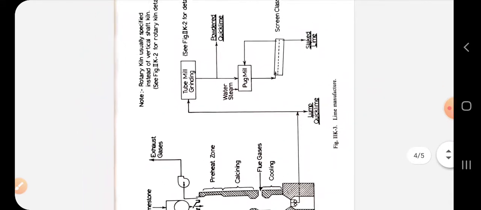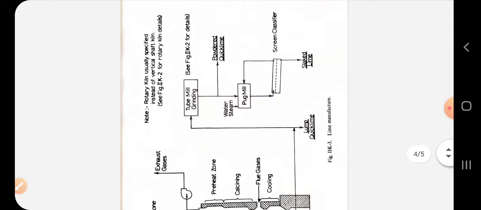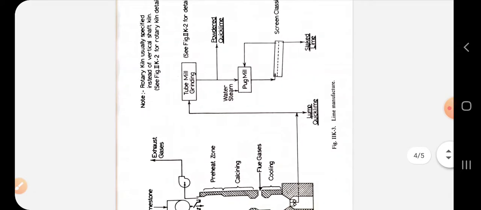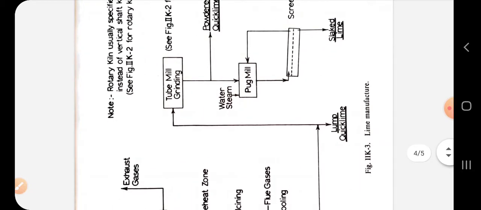So this flow sheet is also applicable for hydrated lime, as we saw from this figure: quicklime lump is crushed to 2 centimeters or less, and it's added along with water or steam into a vertical cylinder pug mill containing 18 to 24 extended horizontal arms. That is the specification of this pug mill.